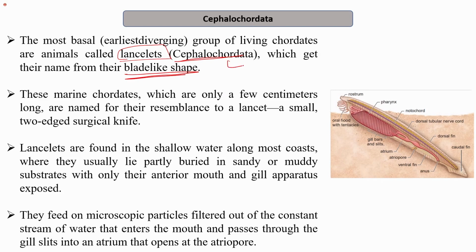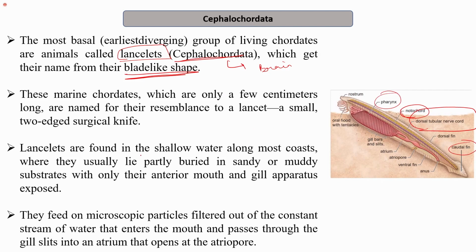In Cephalochordata, the notochord is present in the cephalic region. You can see they have a dorsal tubular nerve cord. They have a notochord, which is present below this, and then they have other structures. They have pharyngeal gill slits. They have a caudal fin, dorsal fin. So they have a post-anal tail also.